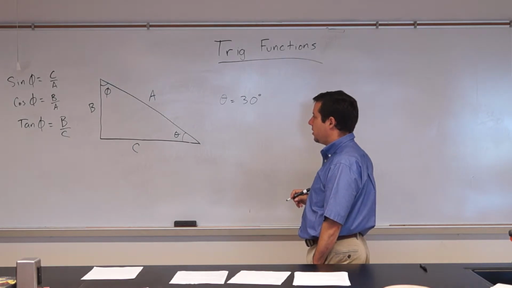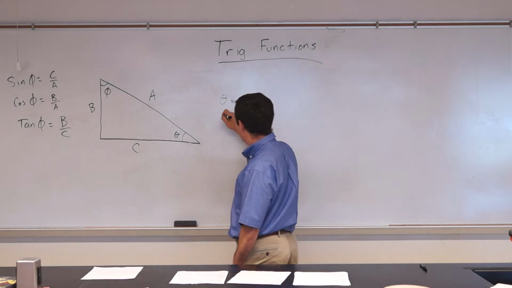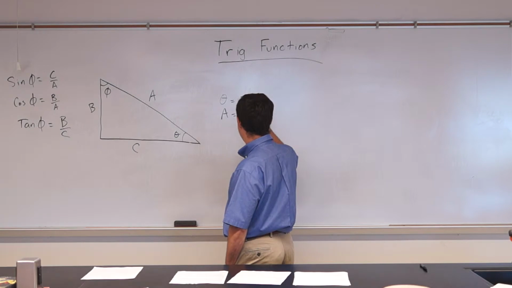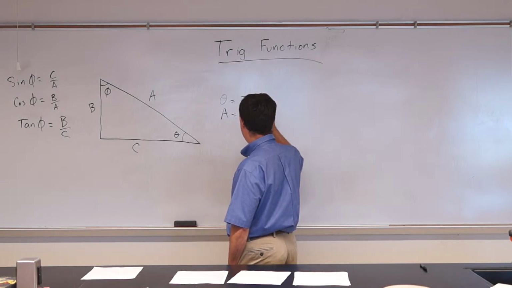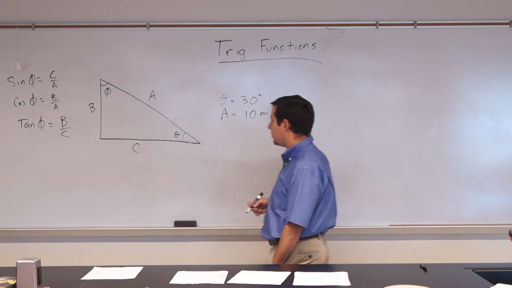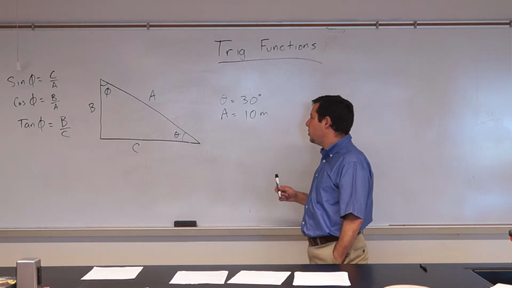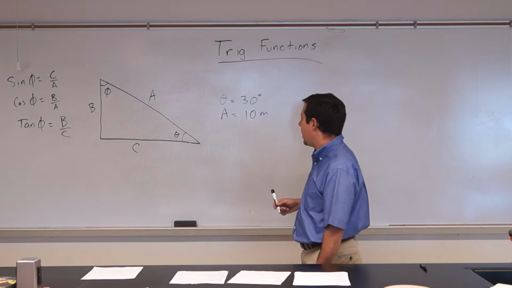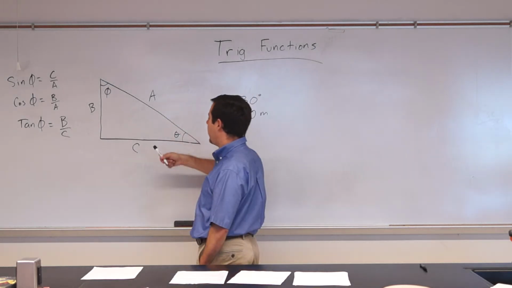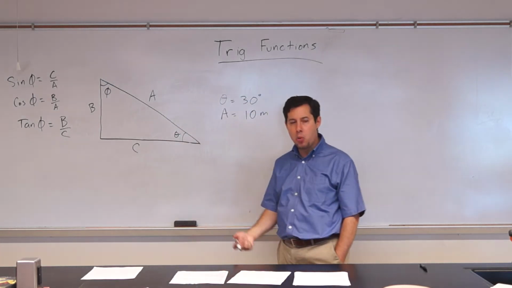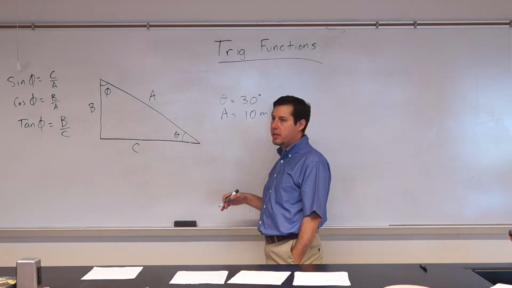And we know that A is 10 meters. So the question becomes, what's the length of side C? Now it doesn't have to be meters, this could be force. We could have a force in the direction of A, and then C would be a component of the force. You're going to learn about that in vectors.